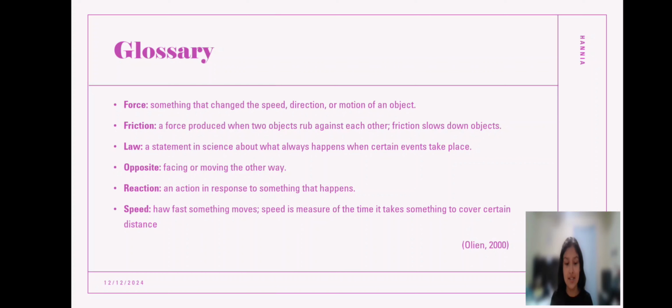Number 4 is opposite. Facing or moving the other way. Number 5 is reaction. An action in response to something that happens. Number 6 is speed. How fast something moves. Speed is a measure of the time it takes something to cover a certain distance.